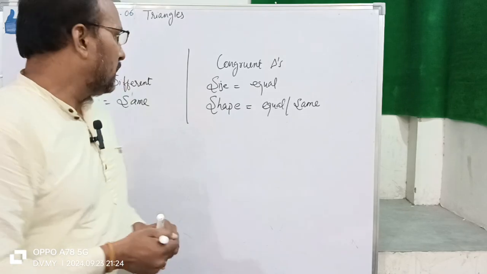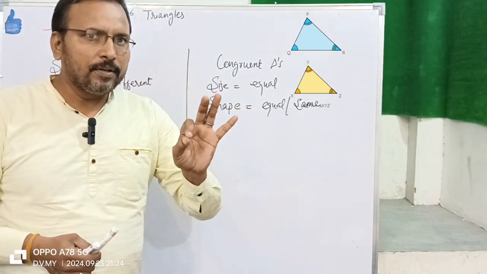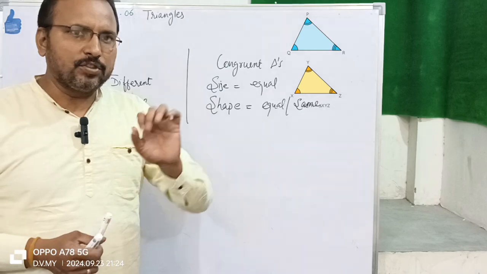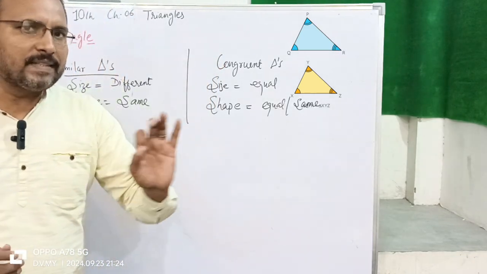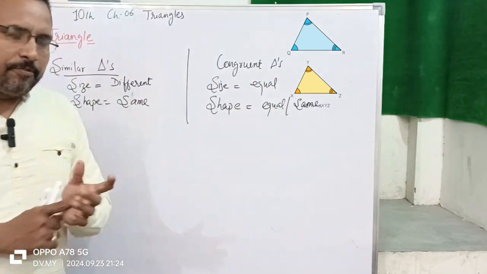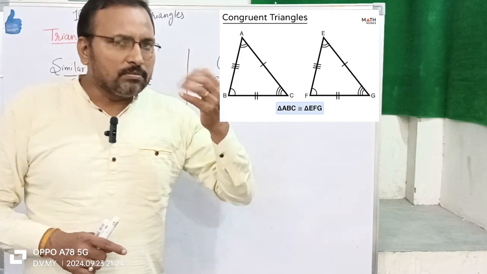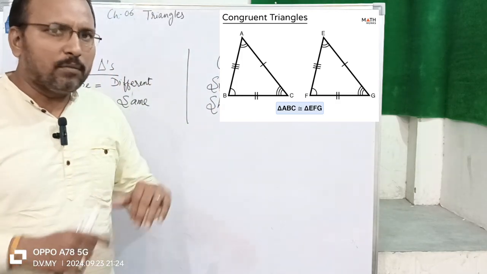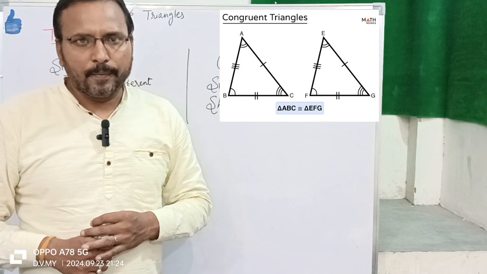Now look at the picture here. If triangles have the same shape but different size, in that case we will say these are similar triangles. On the other hand, if size is also the same and shape is also the same, then we can say these are congruent triangles.